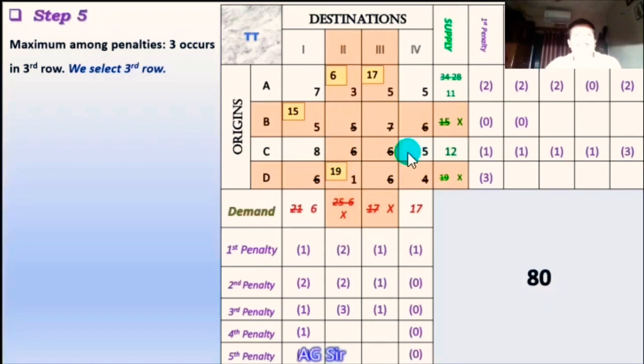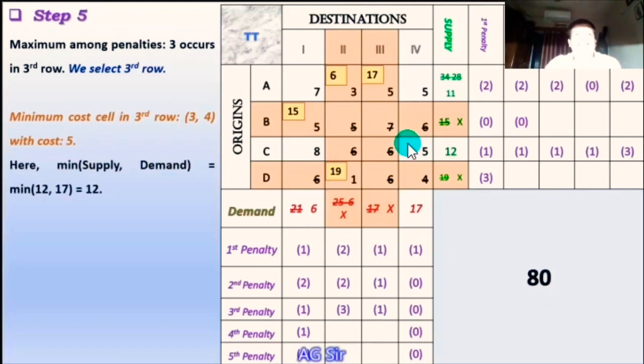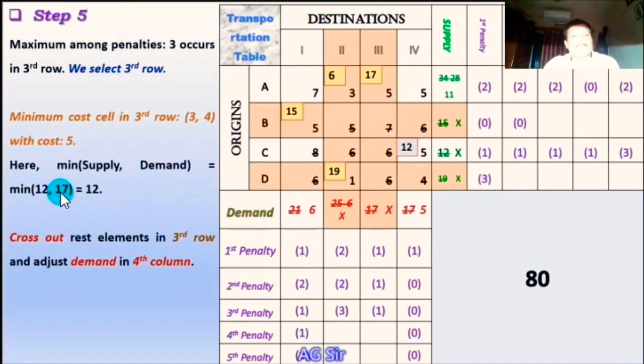What about the minimum cost cell in the third row? You find that the minimum cost cell is 5. How much do you allocate there? You can allocate the minimum of the supply and demand, that is the minimum of 12 supply and 17 demand, which is 12. Therefore, if you allocate 12 units at this place, you have consumed all the supplies available from the third origin.